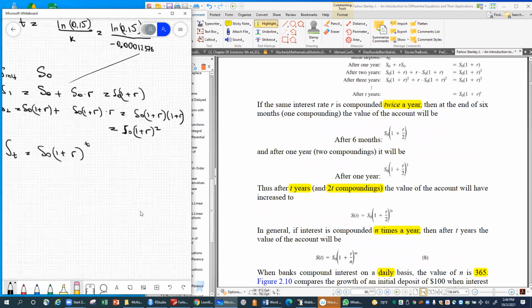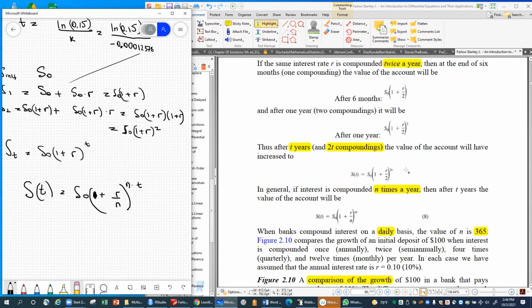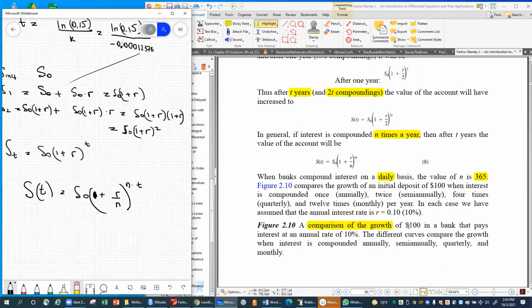The multiplication factor is not 1 + r, but 1 + r/n, by the same idea. But how many compoundings? Not t, but n times t, right? So that's the formula for discrete compounding n times per year, okay? So it could be twice a year, semi-annual, quarterly, 4 times a year, monthly, 12 times a year, daily, even, consider it 365 times per year, etc.